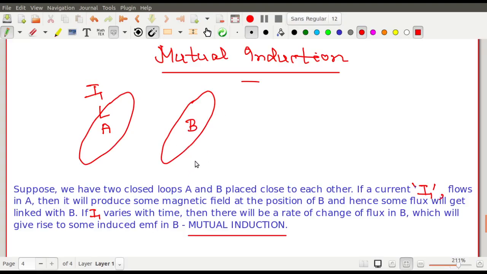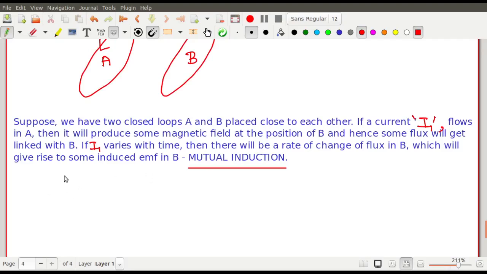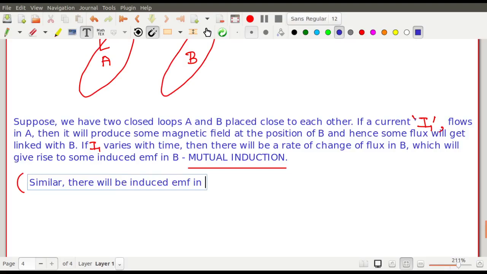Is it clear to you? Similarly, you can do the same if the current in coil B is varied, right? সেখানটাতে সেটাও আমরা লিখে রাখছি ব্র্যাকেটে। Similarly, there will be induced EMF in coil A if the current in coil B is varied.